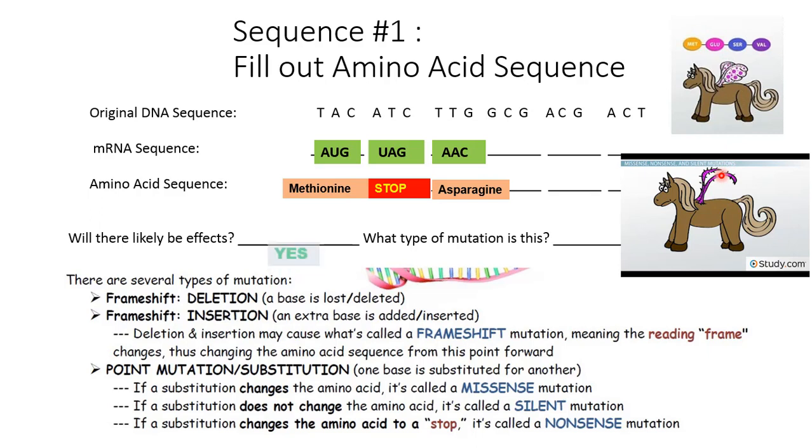All right, so was there an effect? Yes. And this is called a substitution. And it was called a nonsense substitution. So you would go ahead and fill that in based on this chart. Again, because we stopped, we didn't make the protein at all. If you're not making the protein at all, then this isn't going to happen at all. And so the wings are not going to form.